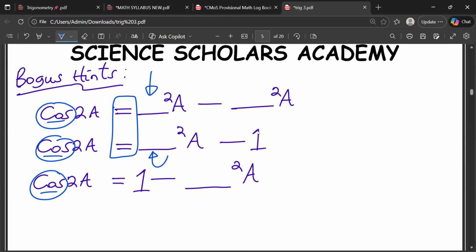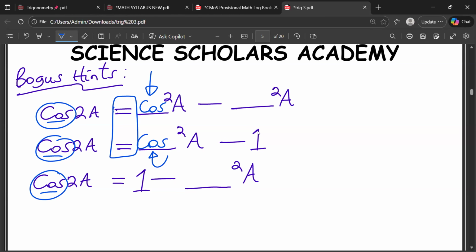The only thing that can come immediately after the equal sign in the double angle of cos, because it is cos, is the brother, and the brother is cos. So that means here we are having our cos squared A. Even here we are having our cos squared A.